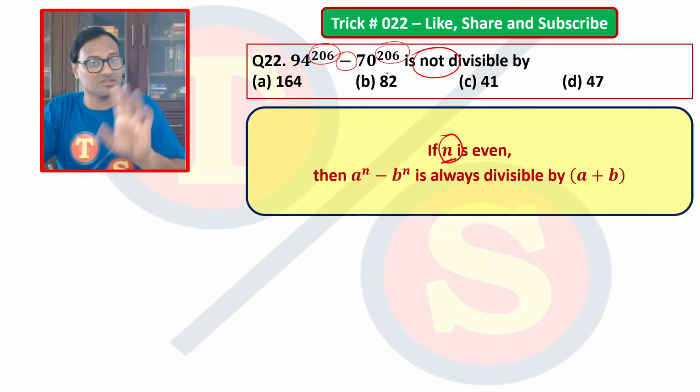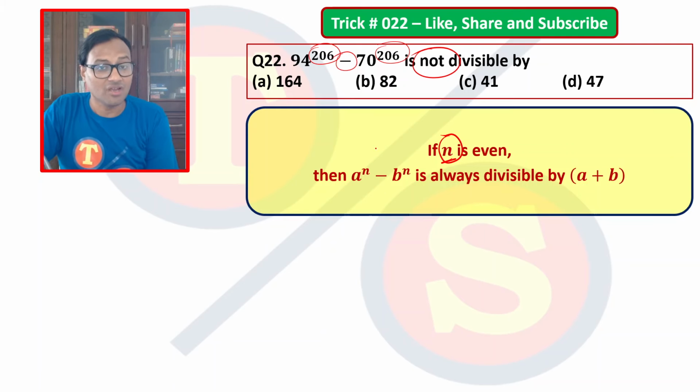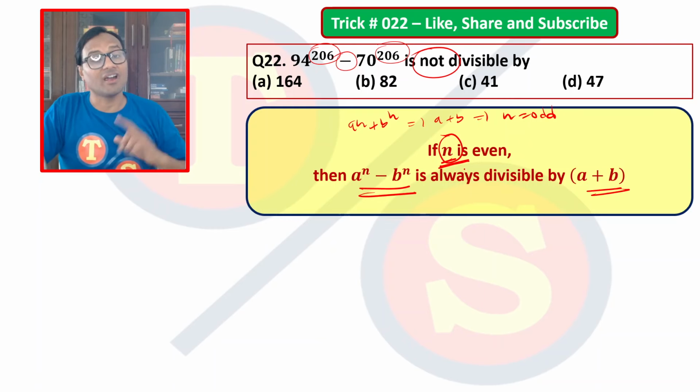So a to the power n plus b to the power n is divisible by a plus b when n is odd. But a to the power n minus b to the power n is divisible by a plus b when n is even. The idea is opposite. In the first case it was odd and now it should be even.